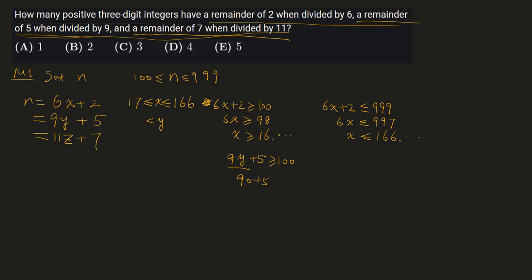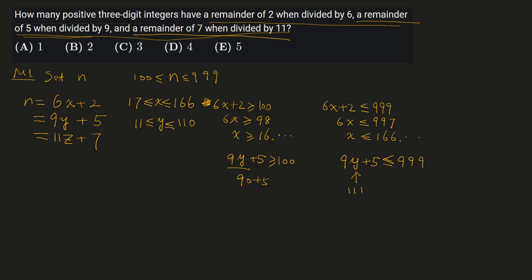Therefore, the lower bound for y is 11. How about the upper bound? The upper bound is from 9y plus 5 is less than or equal to 999. A good starting point for y would be the value of 111. 9 times 111 gives you 999, but that plus 5 is greater than 999. Therefore, the upper bound for y is 110.